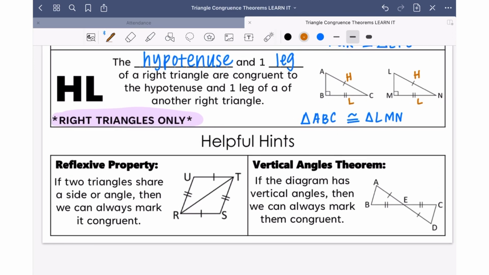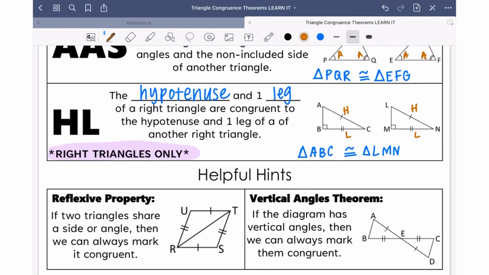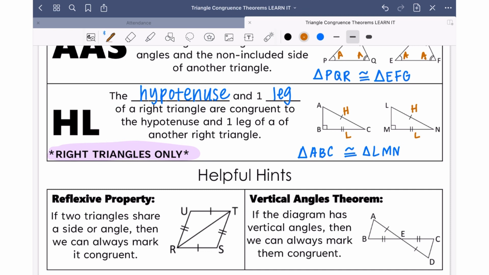All right, and then we're going to go over the helpful hints that we can use when we are using these theorems, because you're always going to have different triangles, different images, different problems, and we just want to make sure that you know that these are the hints that will probably help you a lot.